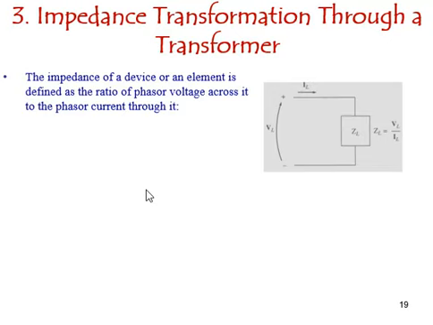Now we will study the impedance transformation through a transformer. The impedance of a device is defined as the ratio of phasor voltage across it to the phasor current through it.